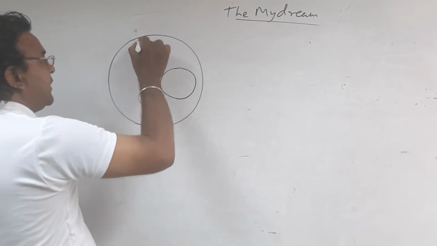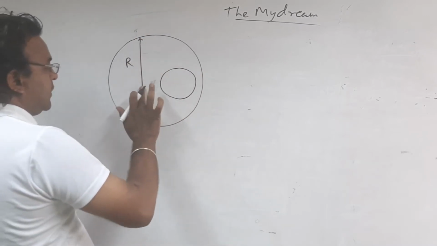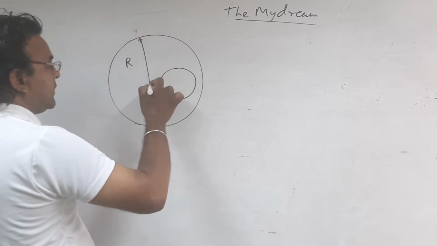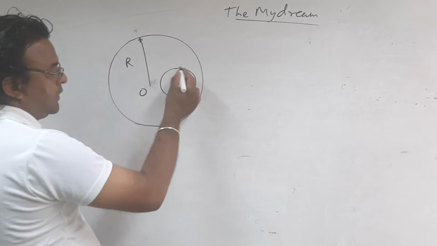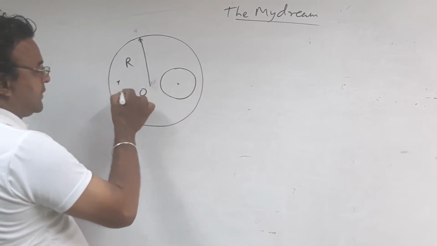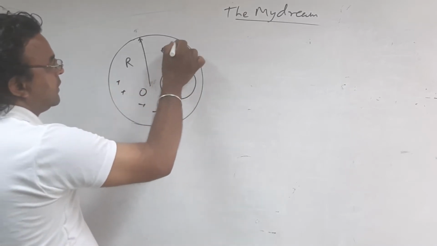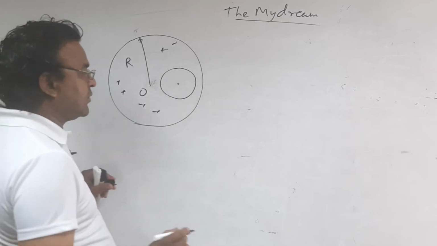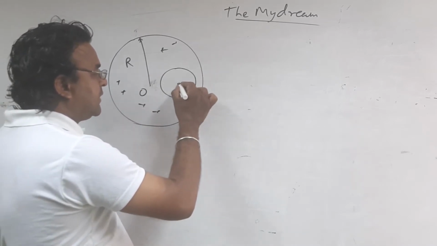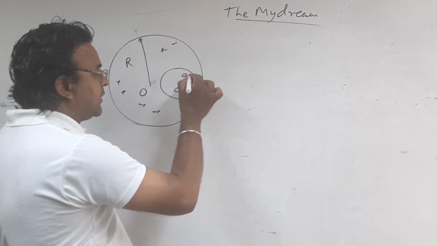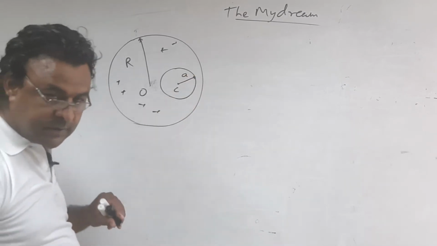The sphere has radius r, say this is center O, and in this sphere there is charge, and inside this cavity there is no charge. This cavity has center C, and this cavity has radius a itself, right?